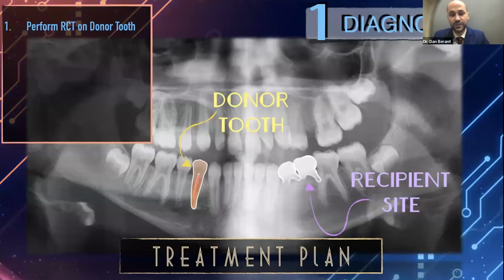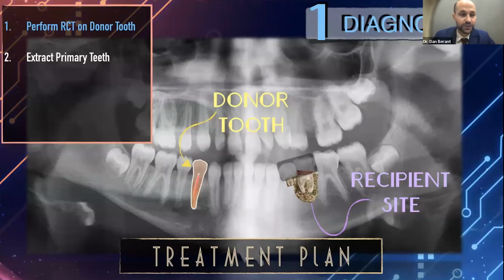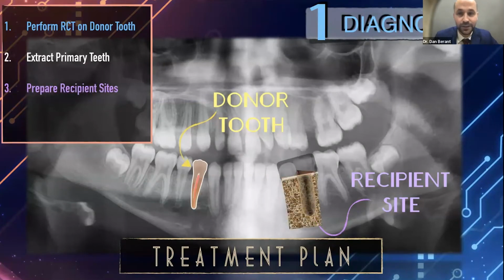Then in the recipient site, we remove the hopeless primary teeth that were scheduled in the treatment plan for removal anyways. And then we prepare the recipient site in a manner that I'll touch upon briefly, and we could go into more detail later.